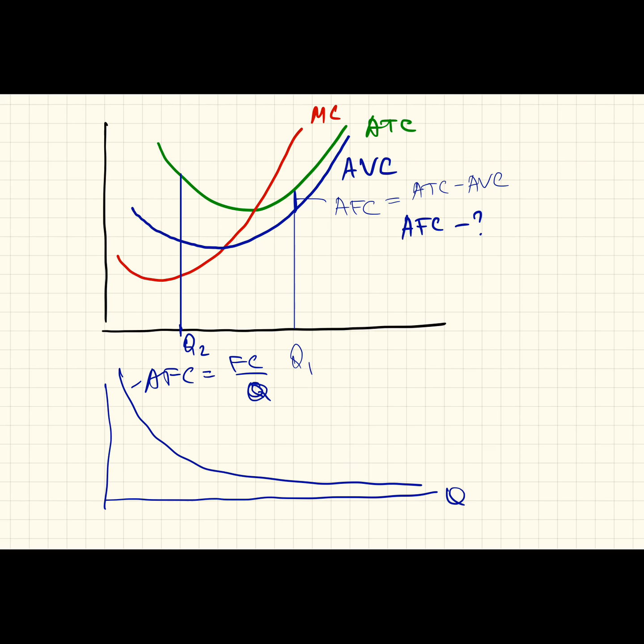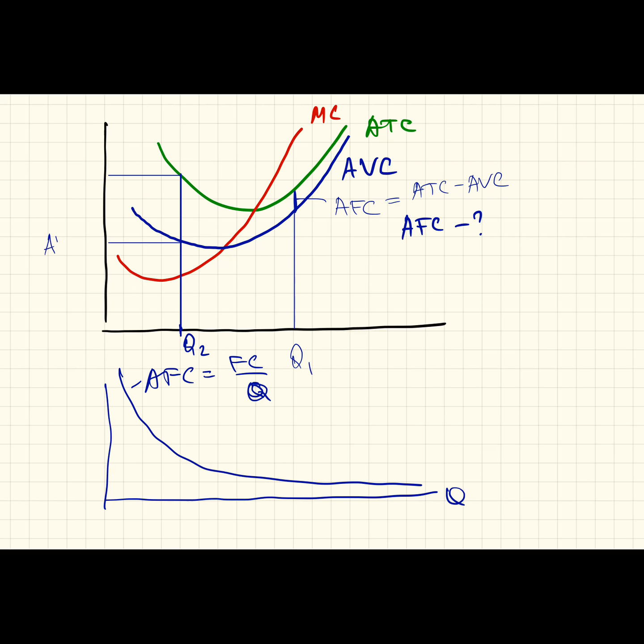So your ATC is this guy, right? Because this is where you hit your ATC curve. This is where you hit your AVC curve at this Q. You see, everything is happening here. So you get your AVC.